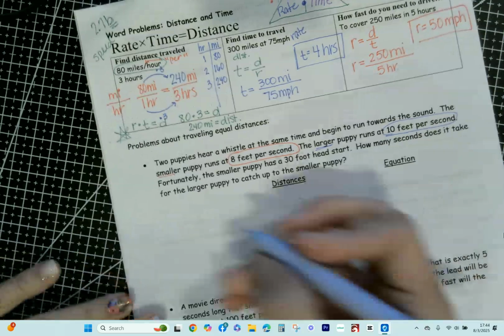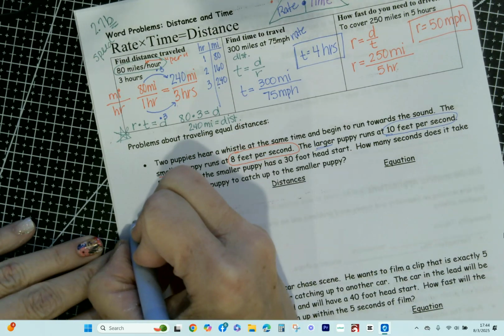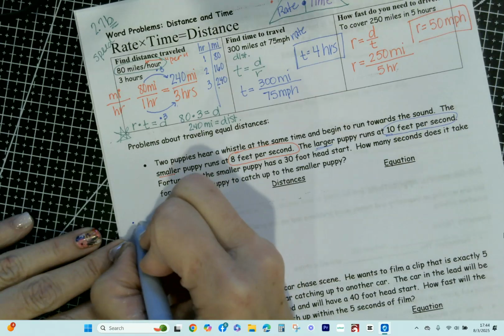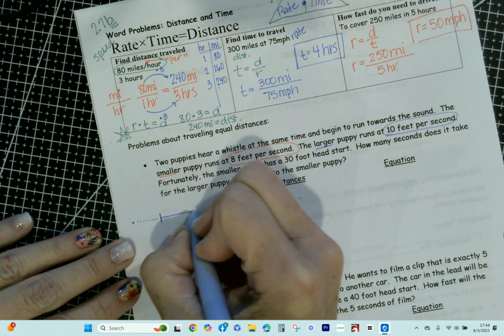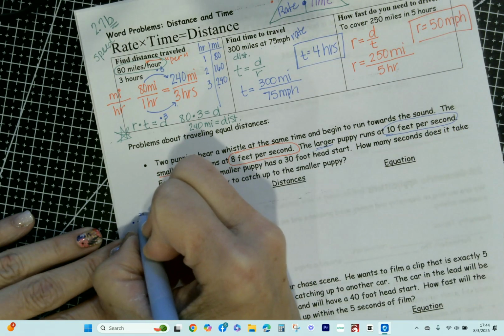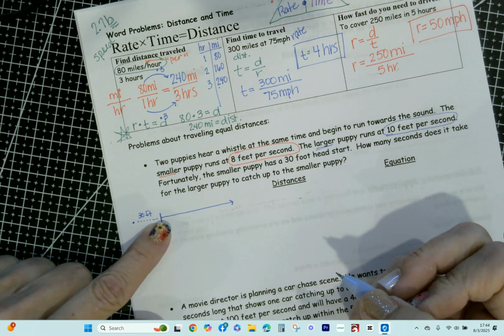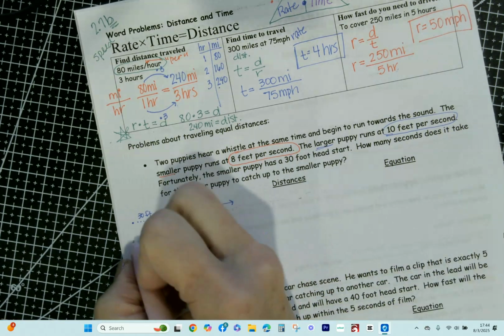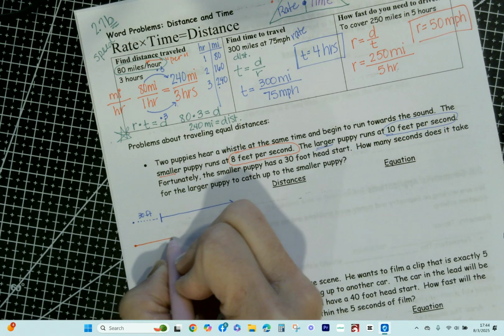All right, well, first of all, let's draw this out. Here is my smaller puppy. And this is 30 feet. Smaller puppy is going to take off from right there. Larger puppy doesn't have a head start, so he's way back here.